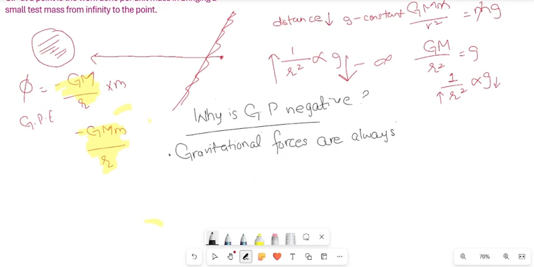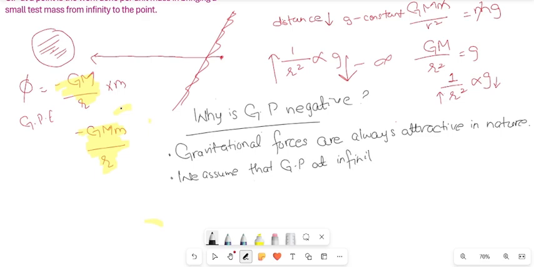Number 2, we assume that gravitational potential at infinity equals 0.